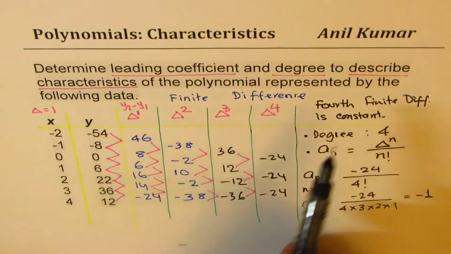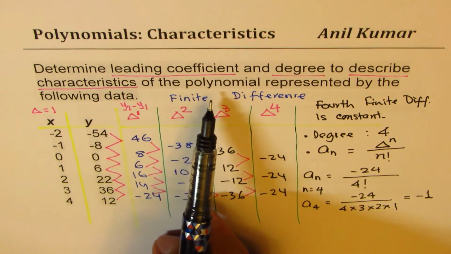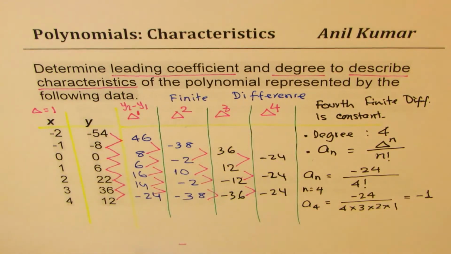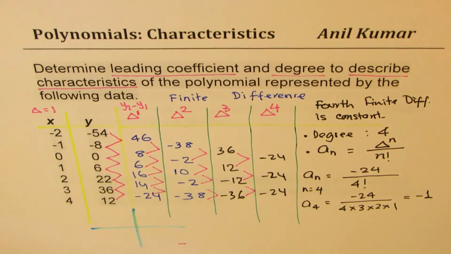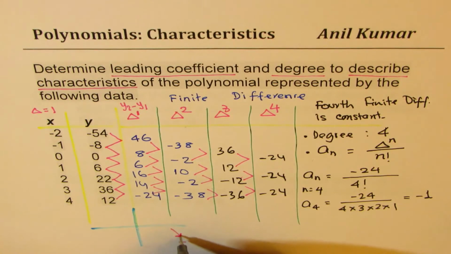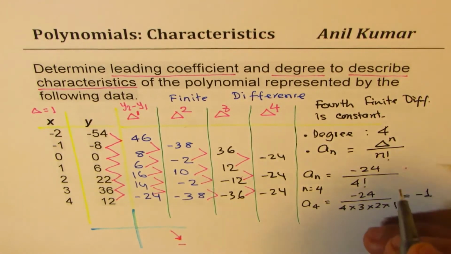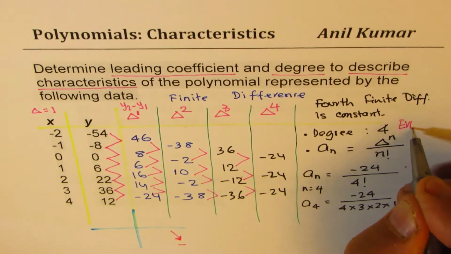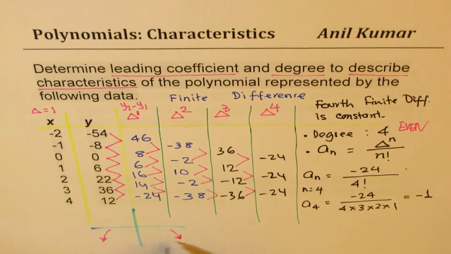Now you can answer the last part, which is the characteristics of the polynomial represented by this data. What characteristics can you describe when you know the degree and the leading coefficient? From what we have learned so far, if the leading coefficient is negative, the right side is down. And the degree is even, so both ends are the same.